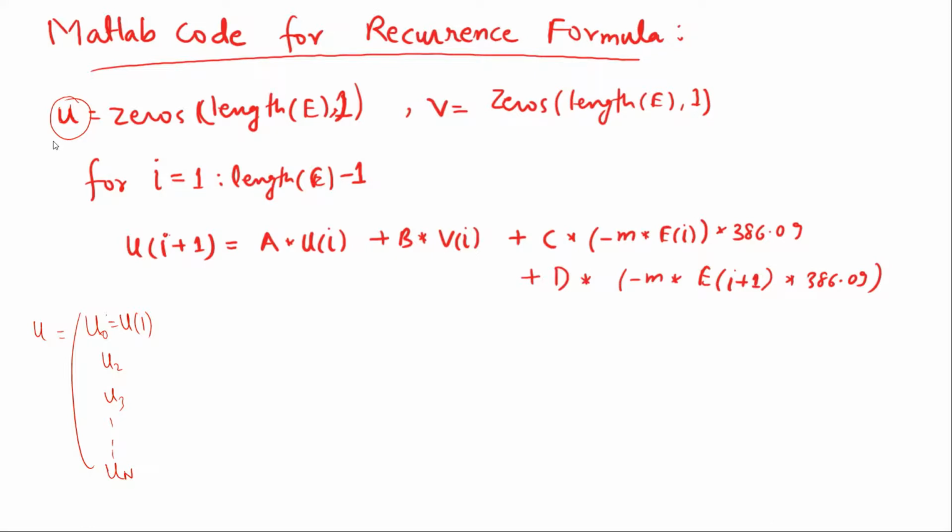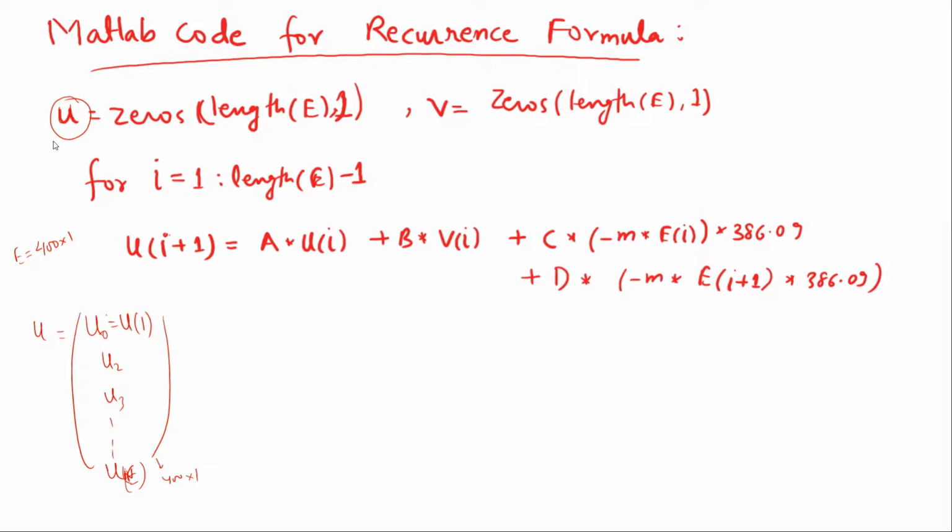Finally, it would equal the length of the size of the earthquake data. If the earthquake data is, suppose, a 400 by 1 vector, then the displacement response would also have 400 rows and 1 column.